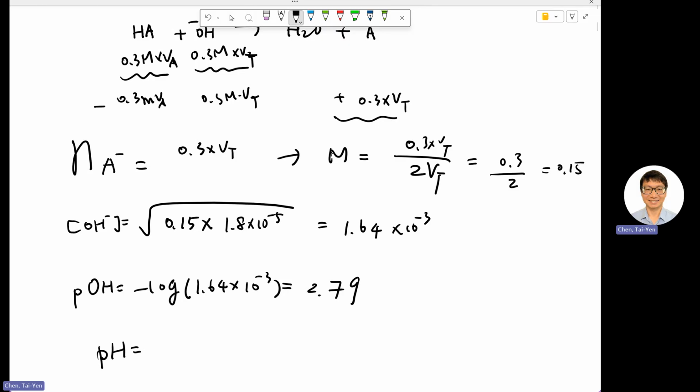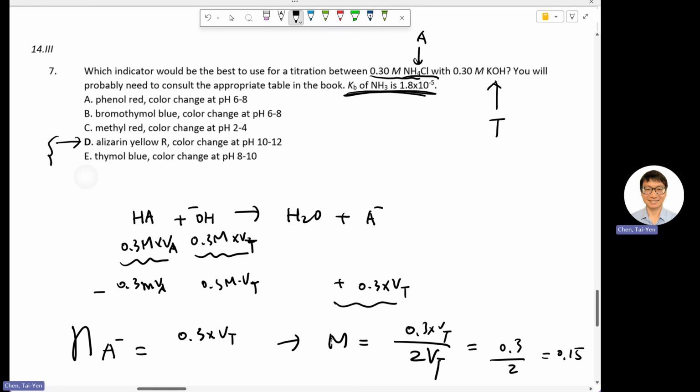Therefore, your pH equals 14 minus 2.79, which is 11.2. Once you know the pH at the equivalence point is 11.2, then you can come back and check.